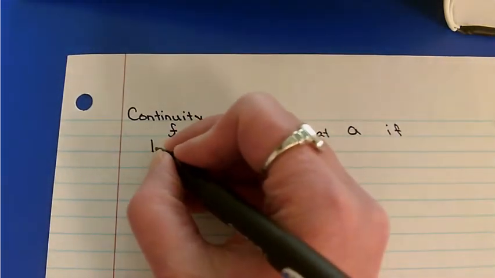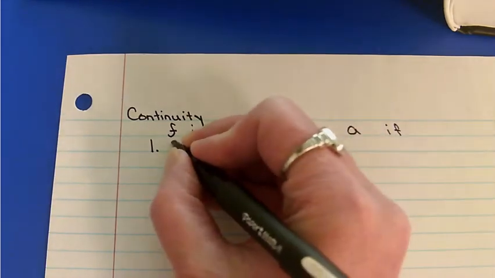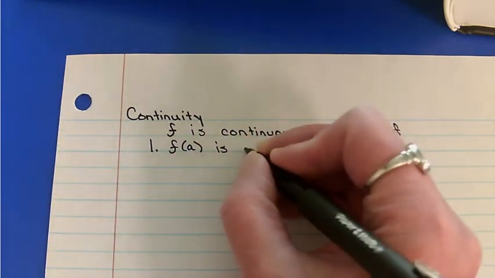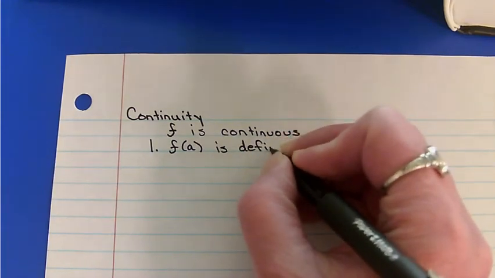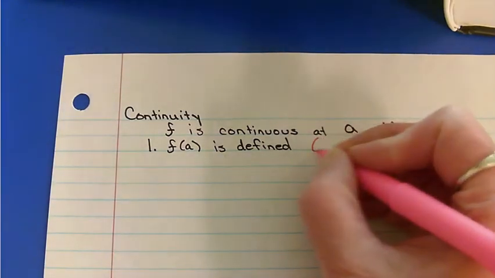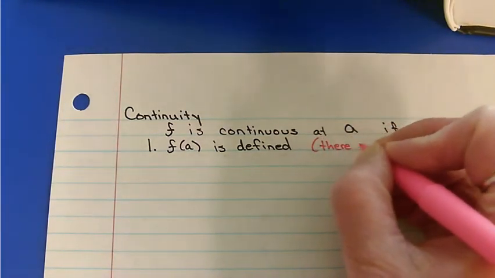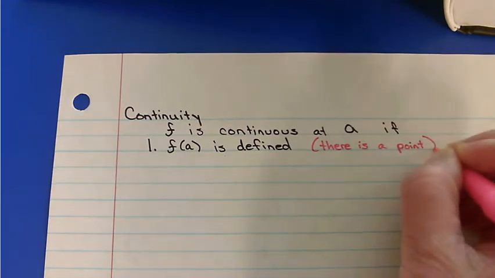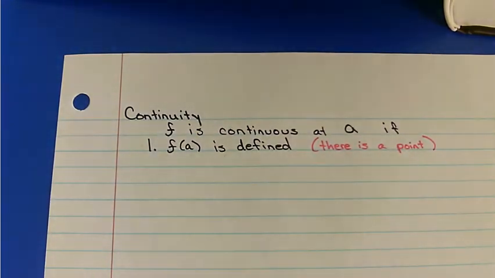Well, the first thing I'm going to put down is that f of A is defined. In other words, there is a point. If there's just a hole, then definitely it's not continuous.